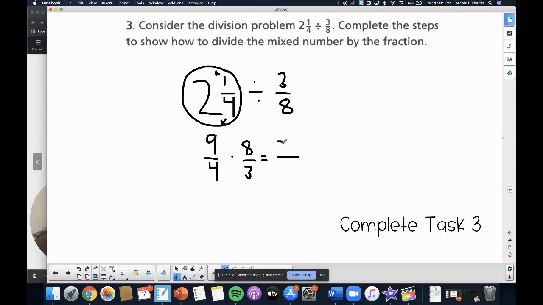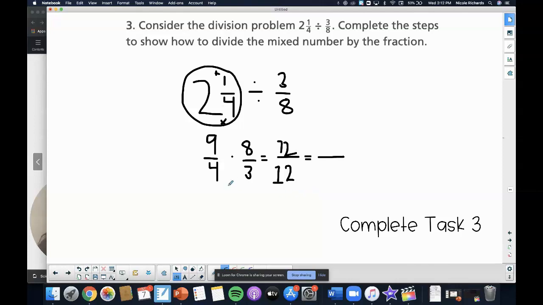Okay, so 9 times 8 is 72. And 4 times 3 is 12. 72 divided by 12 is, see if you can answer that. It's going to be a whole number. 12 goes into 72 perfectly even.